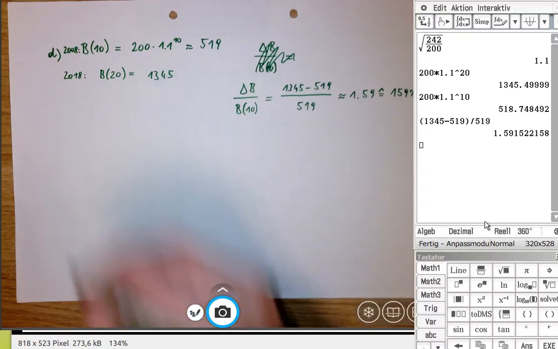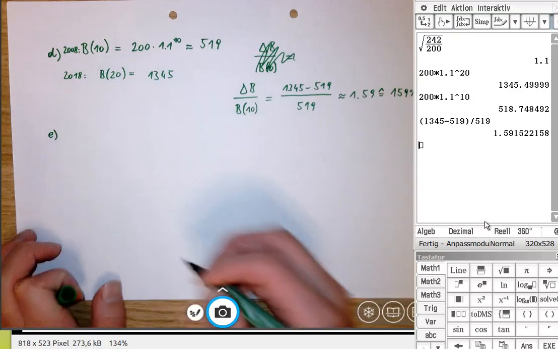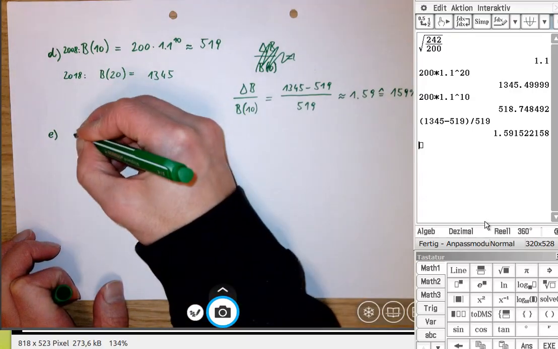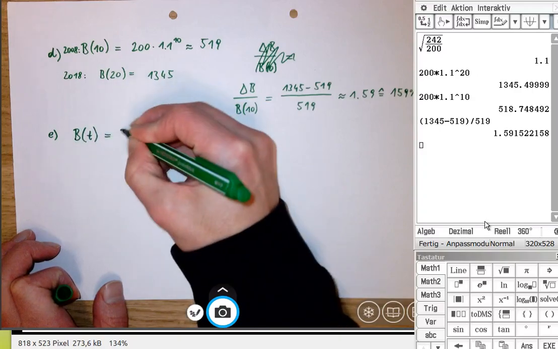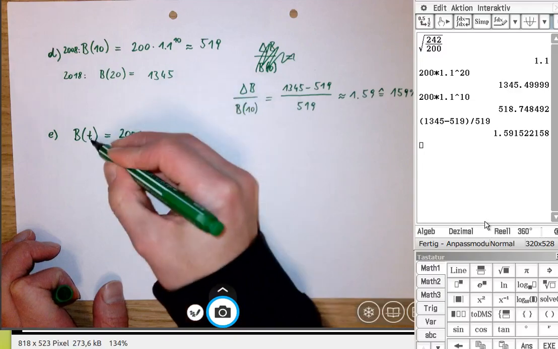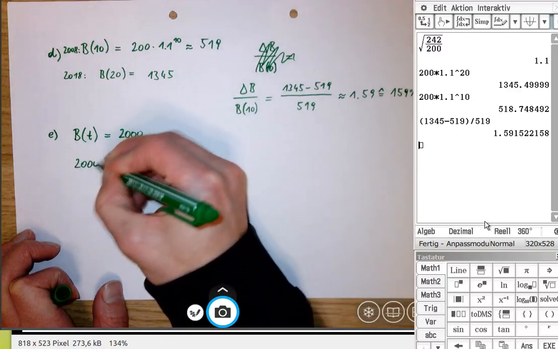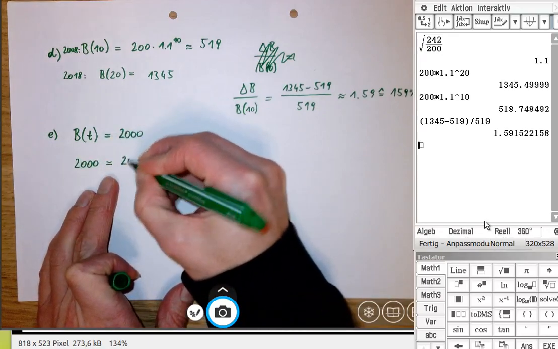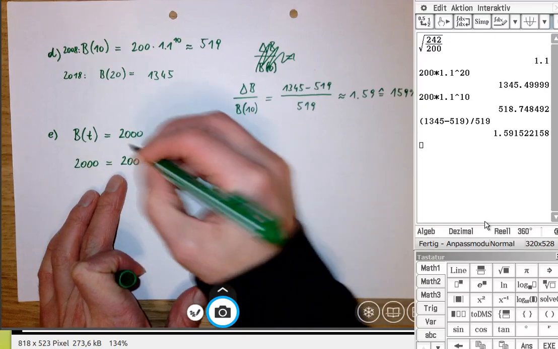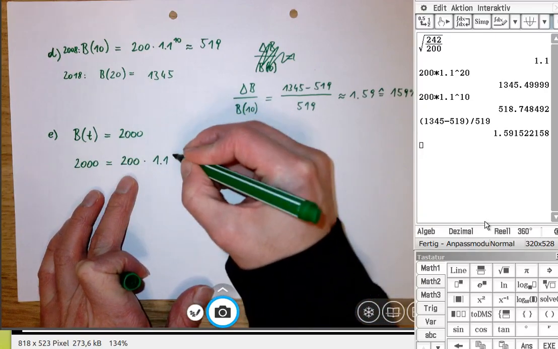Okay, and last one, how long it will take the population to reach 2000. So we want to know b of t should be equal to 2000, and we want to know the t. So the equation will be 2000 equals b0, that was 200, times we know a, that's 1.1, to the power t.